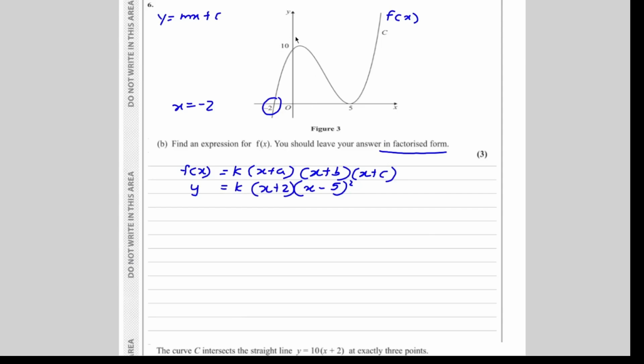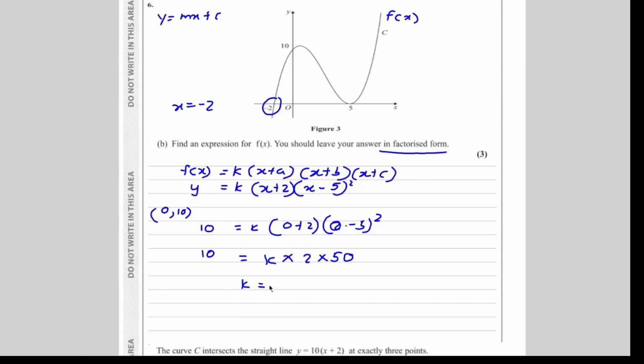For that, we've been given the coordinate 0, 10. Let's substitute 0, 10 into the equation. So y equals 10, x equals 0: 10 equals k times (0 plus 2) times (0 minus 5) squared. Then 10 equals k times 2 times 25, which is 50.